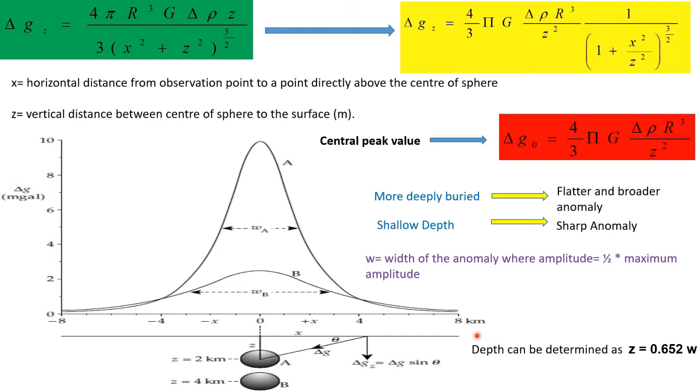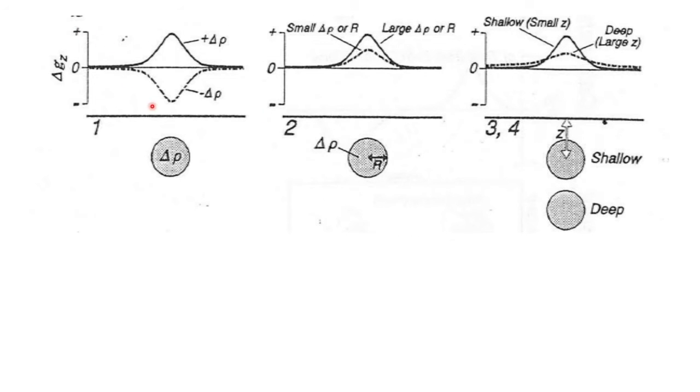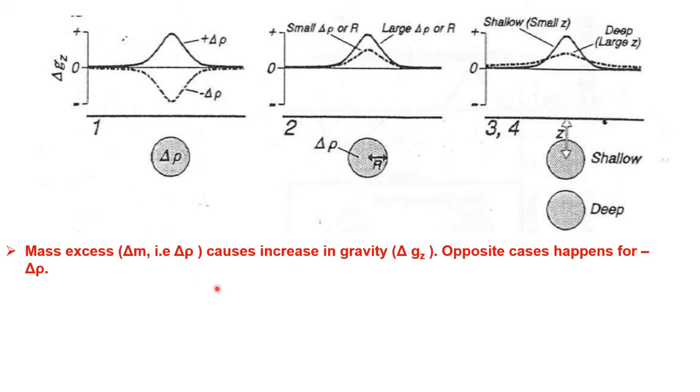Okay, now next, to see different aspects of the sphere, how it behaves when deeply or shallowly buried. Let's see. Now this is the formula: if delta rho is positive, delta GZ is positive; if delta rho is negative, delta ZZ is negative. So mass excess causes an increase in gravity, and the opposite case happens for minus delta rho.